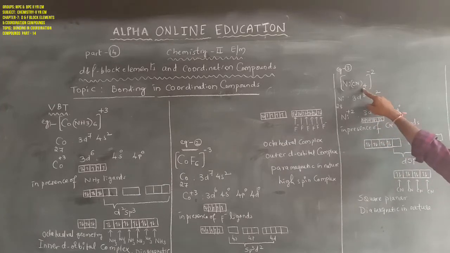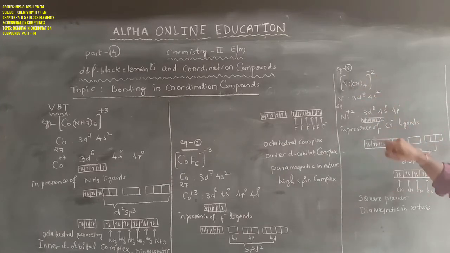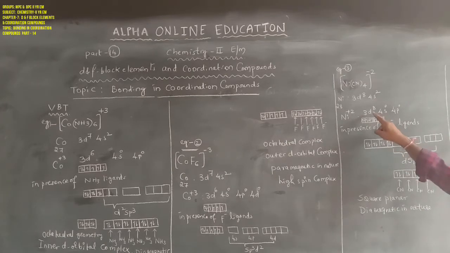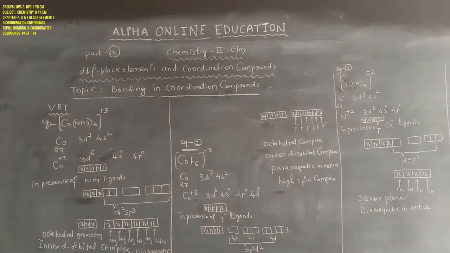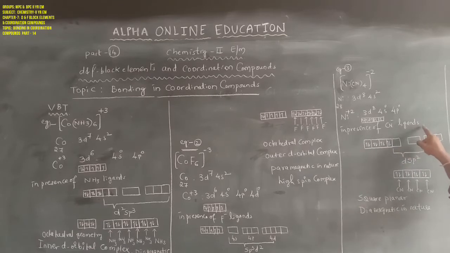In this complex ion nickel exists in the +2 oxidation state, so 3d8 4s0 4p0.